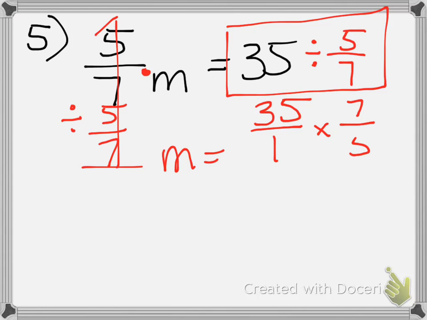If you look at the 35 and the 5, they have a 5 in common. So you're going to simplify. The 5 is going to be divided by 5. The 35 is going to be divided by 5. 5 divided by 5 is 1.